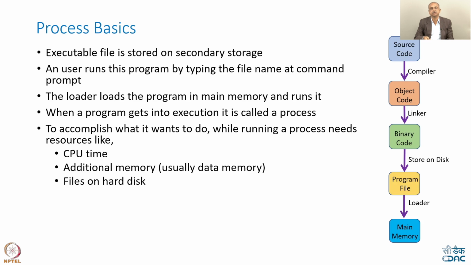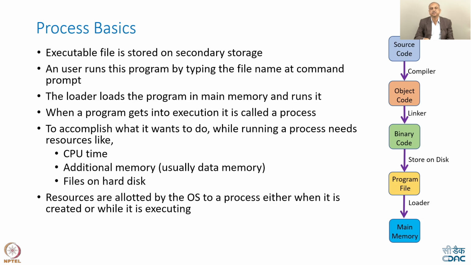The program is running on the CPU, so it will need certain time on the CPU. Sometimes the program may contain instructions, C instructions like malloc, in which case it needs additional memory. So, where is the data going to be stored? Sometimes it is going to create some files on the hard disk. So, these resources are what are needed by the process while it is running.